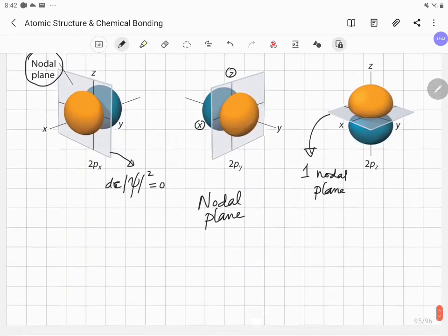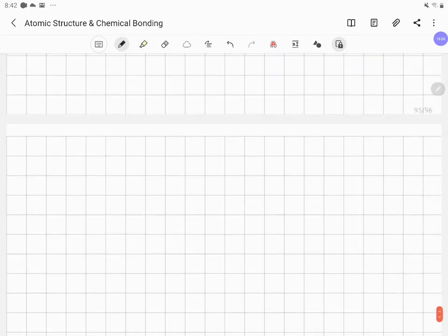Now, what about d orbitals? After p, the next orbital is the d orbital.